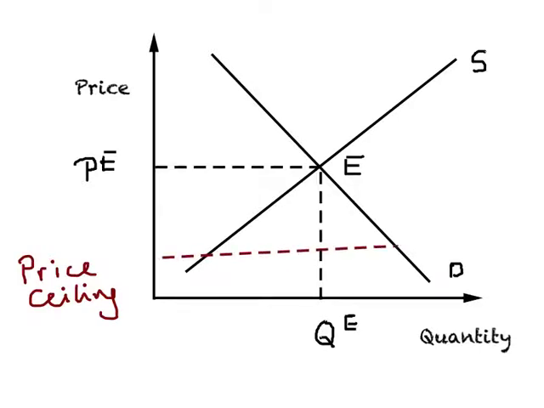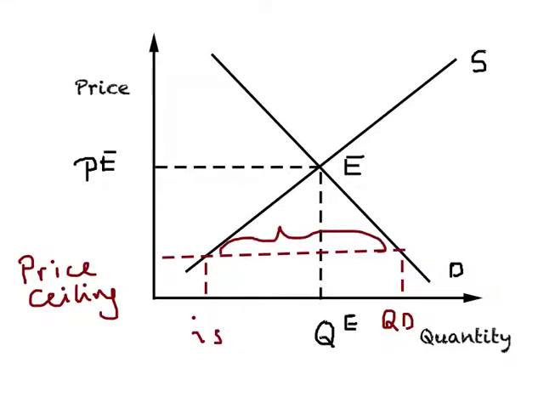What you will find is at this price lower than equilibrium, the quantity supplied by the sellers is lower than the quantity demanded by consumers. So let us just write QS and QD. Or what we have is a situation of shortage.